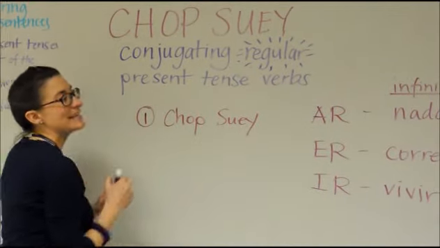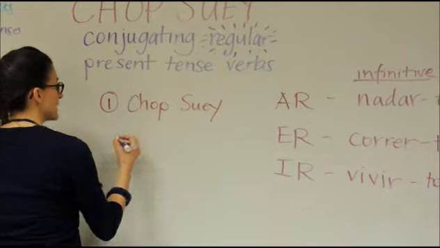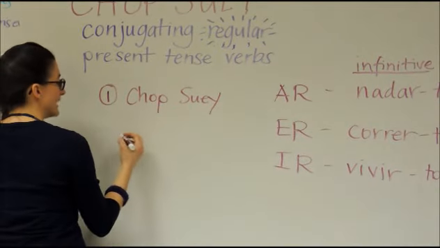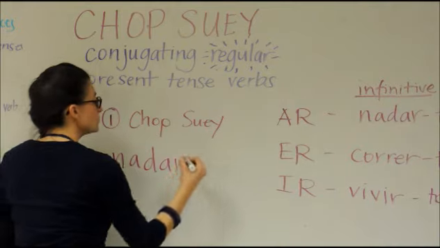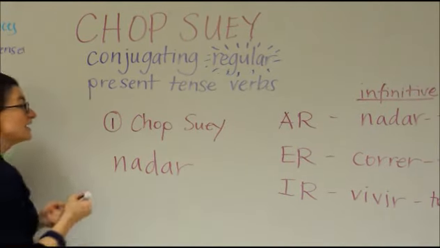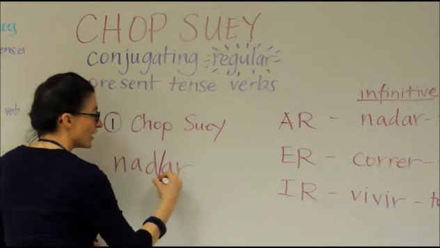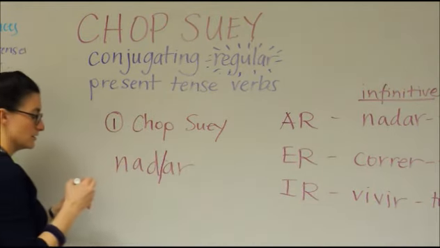If we took nadar, for example, a basic AR verb, and we were going to do the chop suey step to it, what do we do? You chop off the AR ending. Yes, chop off the AR ending. Now you're done with it.